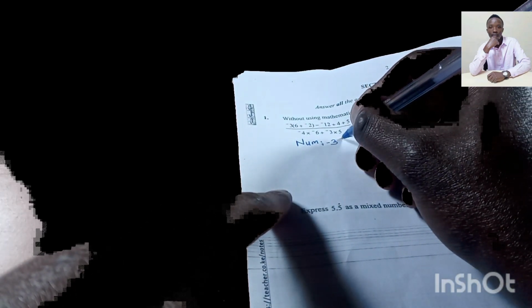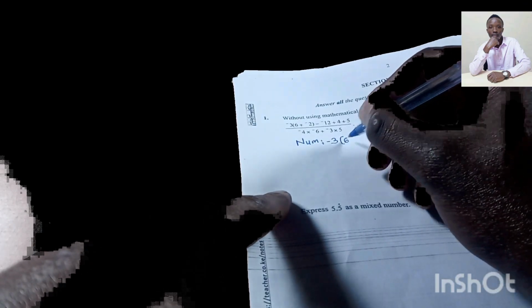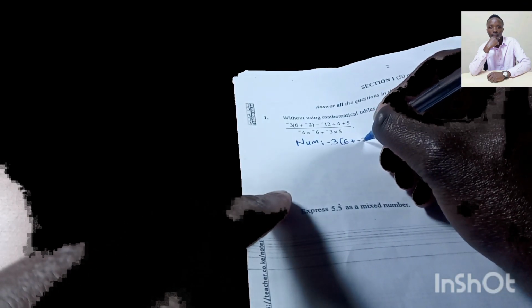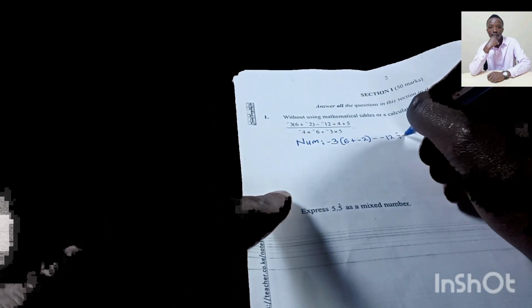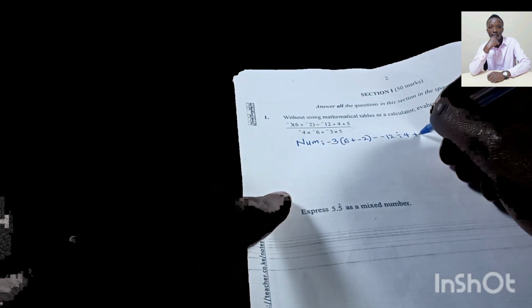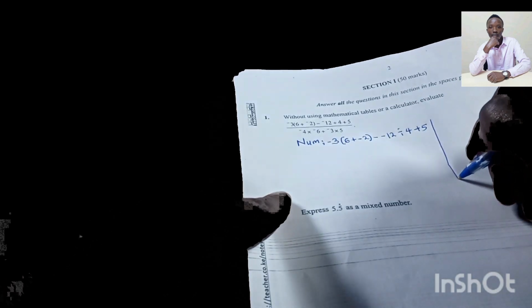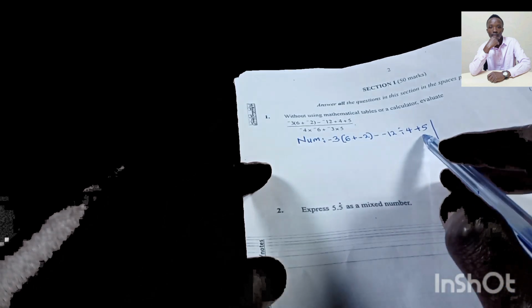Our numerator is equal to -3 into bracket 6 plus -2, close the bracket, minus 12, divide by 4 plus 5. So we will apply the rule of BODMAS to solve the numerator.